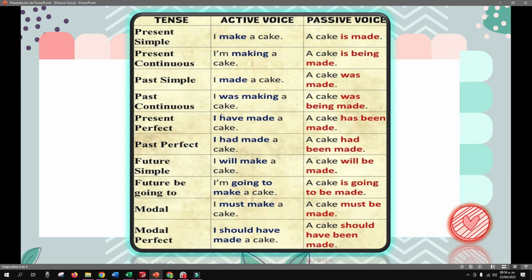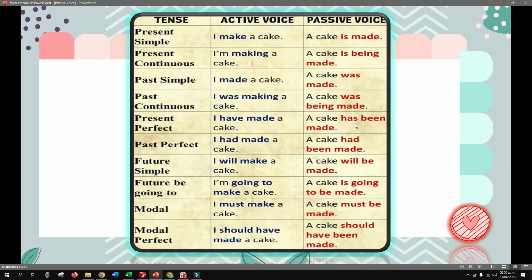So, present perfect. Also, you can have an active voice there. I have made a cake. A cake has, right? You also need to take into account the object, in this case, the subject, right? You have cake, so you need to change, in this case, the structure.